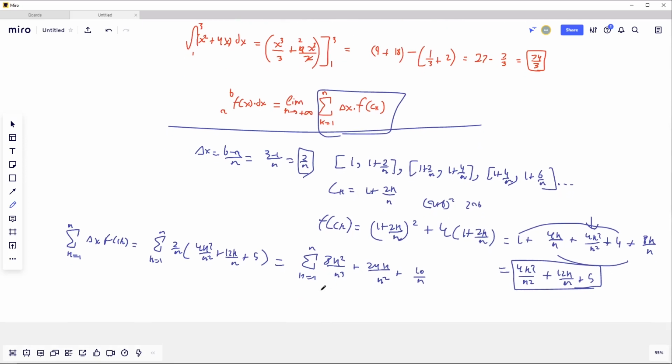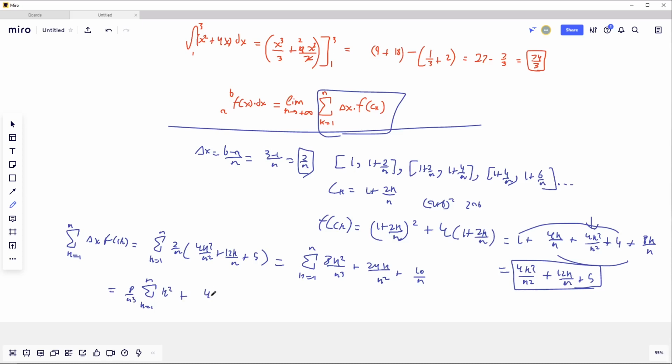And then if you split the summations, you end up with the summation from k equals 1 to n of 8 outside, n over n cubed outside, you're left with k squared.